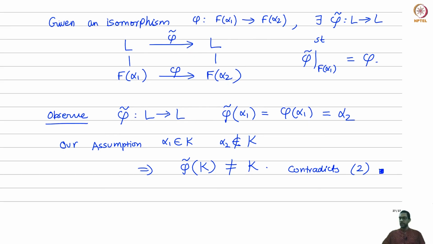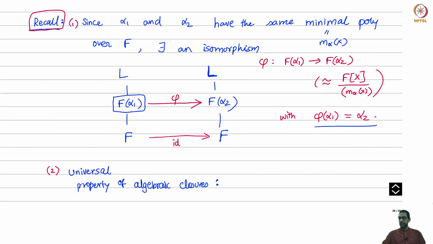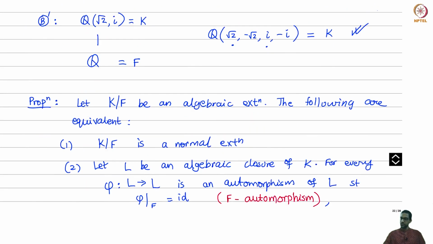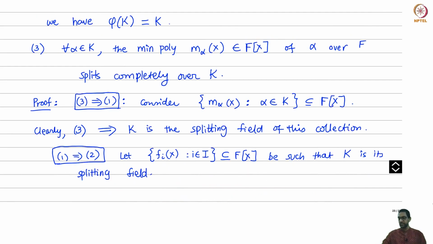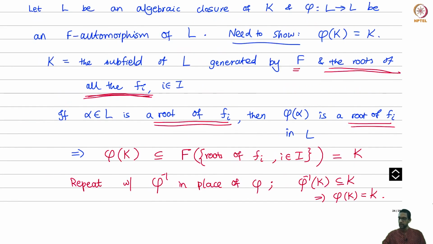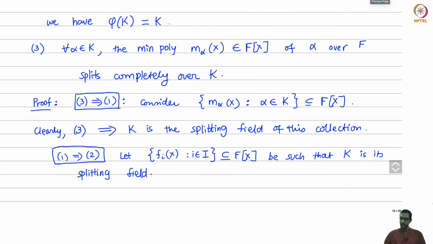Okay, so normal extensions can be thought of as splitting fields of collections of polynomials, but in terms of homomorphisms, they are also the extensions with the property that automorphisms of the algebraic closure always leave normal extensions stable. They fix them, automorphisms which are identity on the base field. One other remark is that this last point is also rather remarkable.